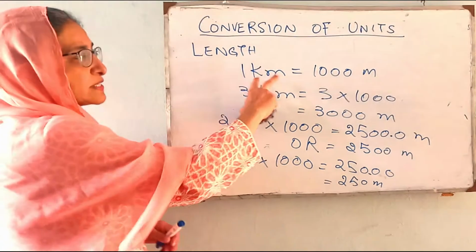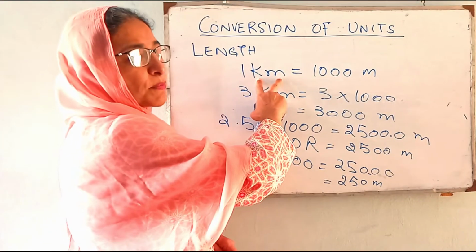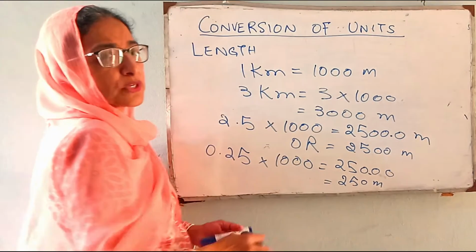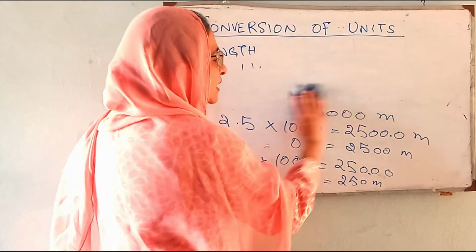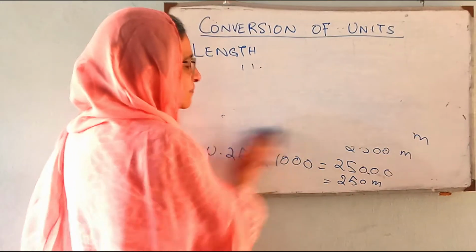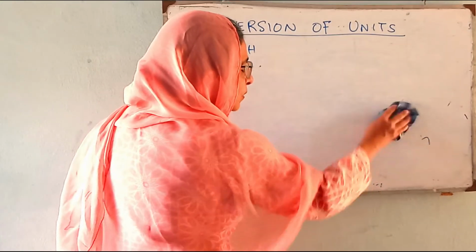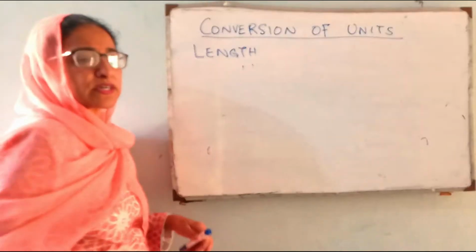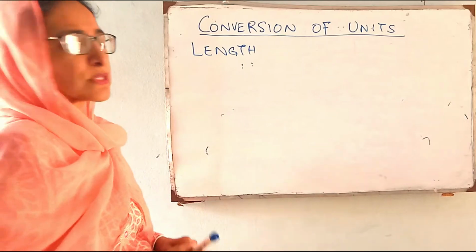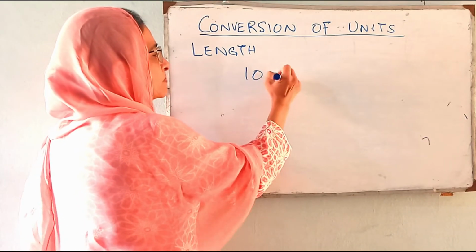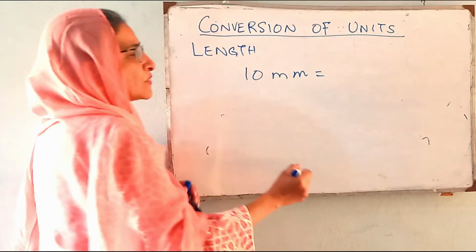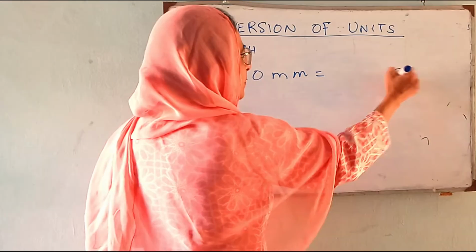Now, this is the conversion from a bigger unit to a smaller unit. But if we have to do vice versa, that means I have to convert from the smaller unit into the bigger unit. For example, suppose I have 10 millimeter and I have to convert it into centimeter.